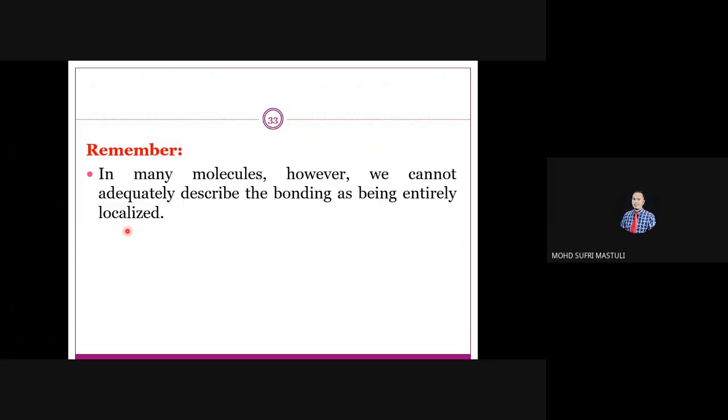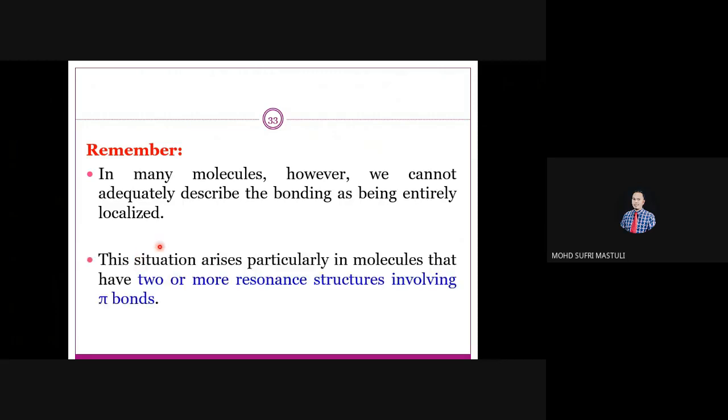Localized sigma or pi electrons occur in most cases in aliphatic compounds. Aliphatic means a straight chain hydrocarbon structure. This situation arises particularly in molecules that have two or more resonance structures involving pi bonds.